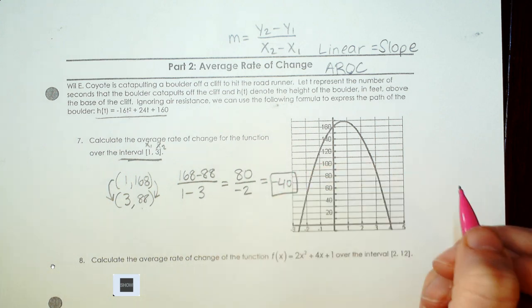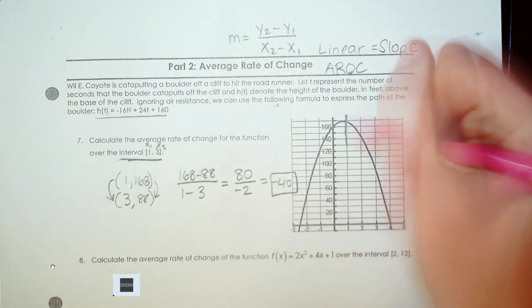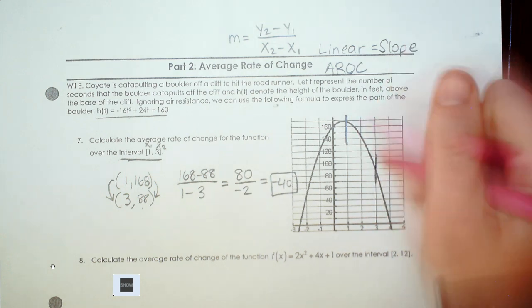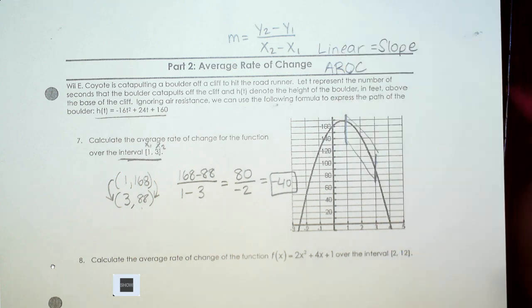There's your rate of change between 1 and 3. So between 1 and 3, so this section right here of our graph has an average slope or an average rate of change of negative 40.